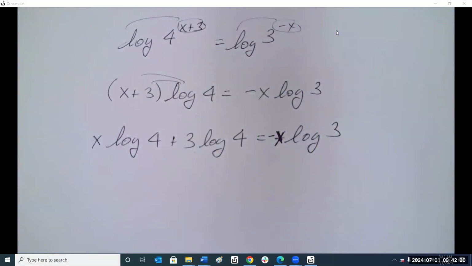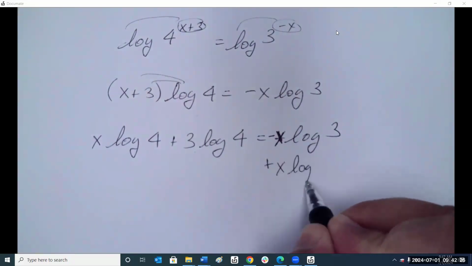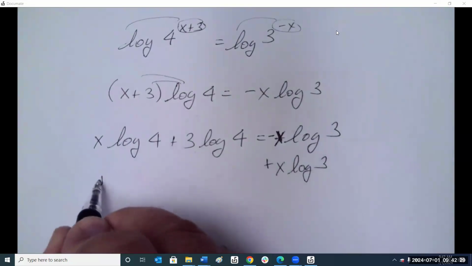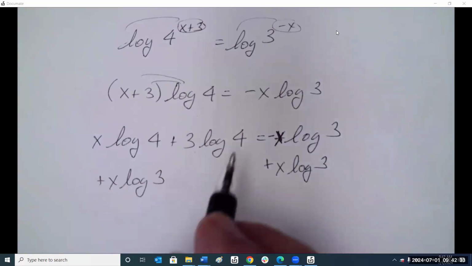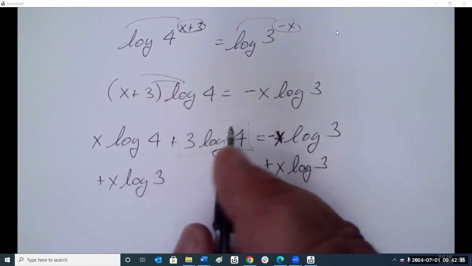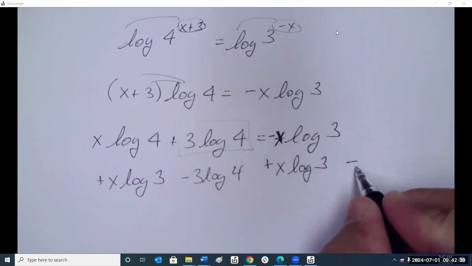Because now what we want to do, we want to have x's on one side, non-x's on the other. So we can add x log 3 to both sides. And since this is a constant, we can subtract 3 log 4 from both sides.